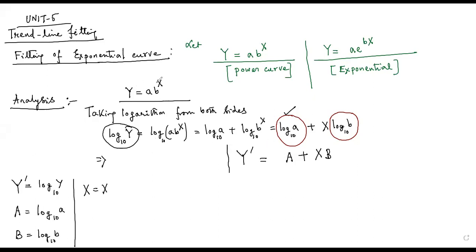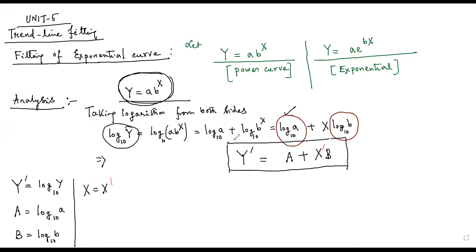Now, carefully observe that although this is some kind of non-linearity, what we have obtained over here is a kind of linearity in terms of y prime and x. If you want to rename x, you can rename it as x prime. Only thing you have to note down is that x prime is equal to x.